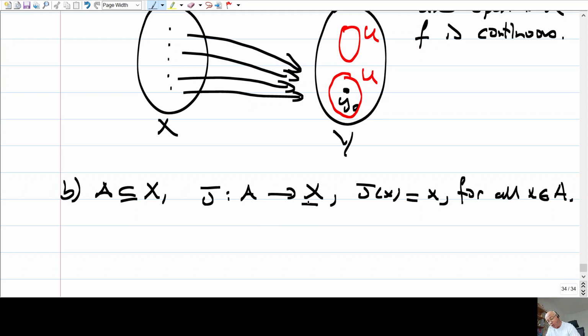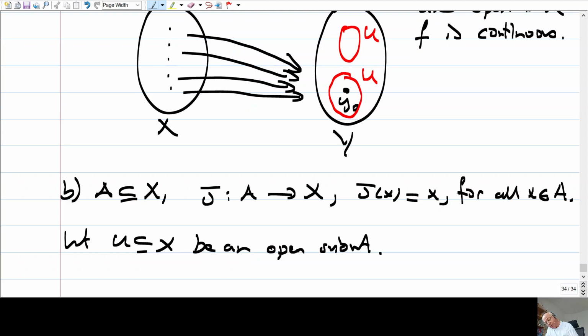So let's take an open set in X. Let U be an open subset. Then what is the inverse image of this, J inverse of U? Well, this map J does nothing, right? It just takes the point x and sends it into itself.